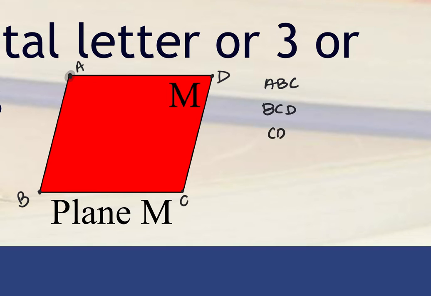I could call it CDA. Any of those would be the same, okay? You're describing the same plane. Not M, because M is not a point on that plane. M is the name of the plane. But any of those points on that plane I can use, any 3 I can use to describe the plane. You could also call it ABCD. It's still a plane.